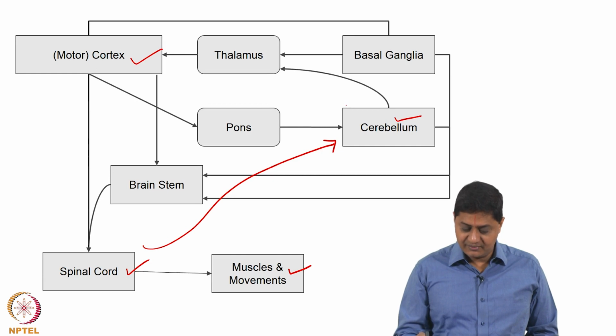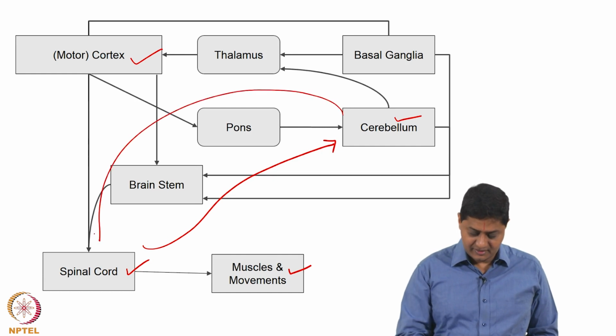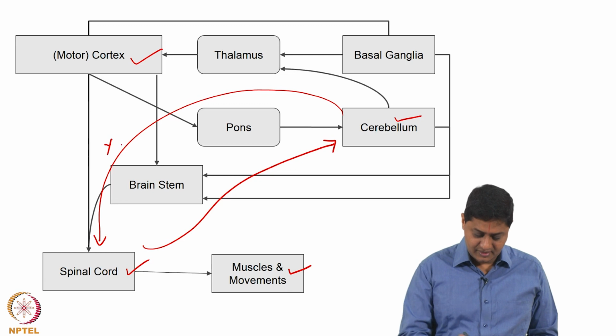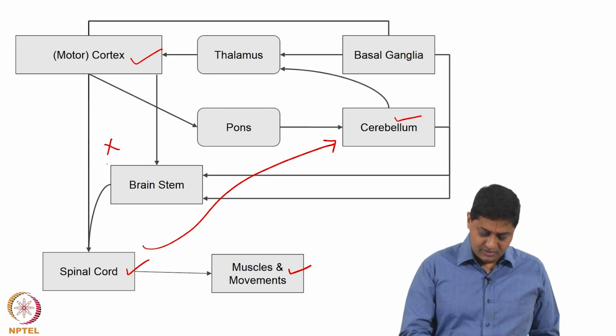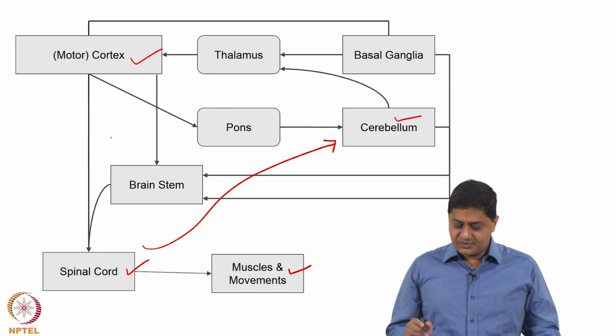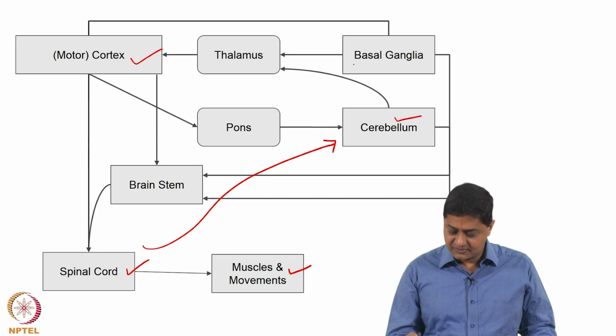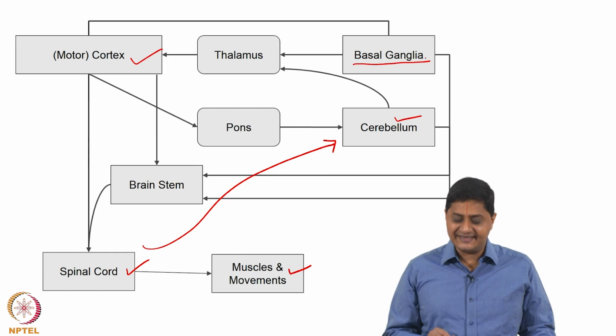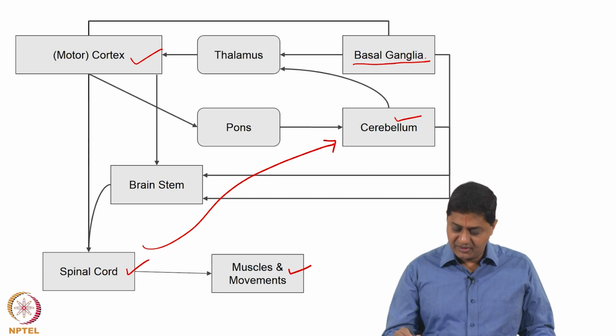Note that the cerebellum does not output to the spinal cord, this does not happen, right. So, essentially cerebellum modulates the movements. Likewise, you have another structure called basal ganglia, which receives input from the motor cortex and from thalamus.